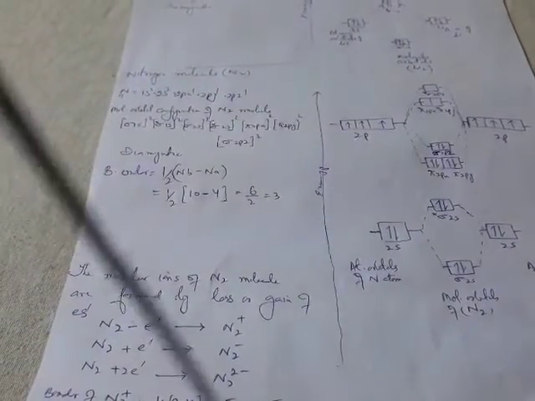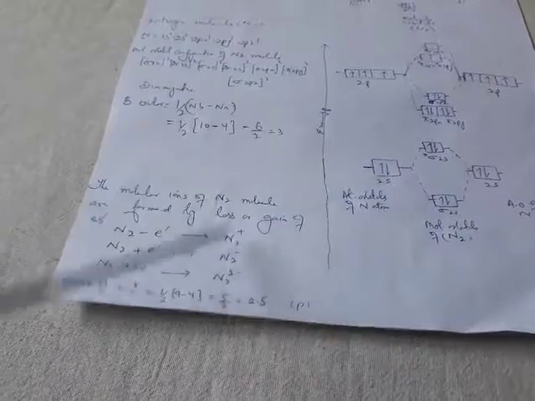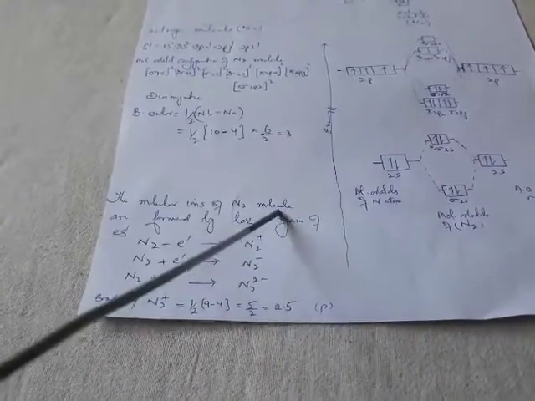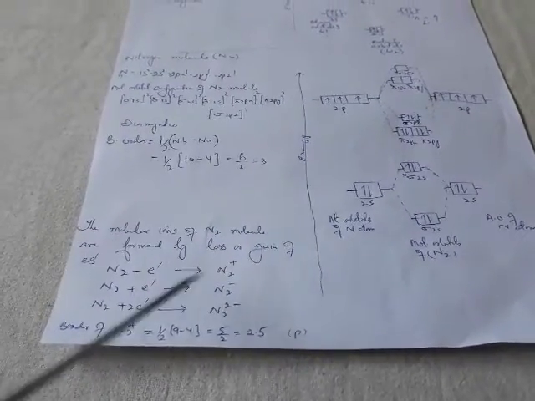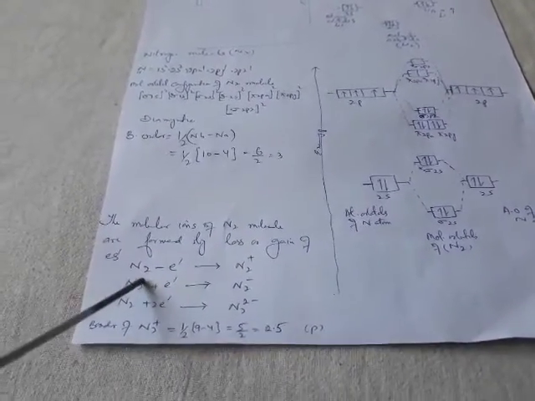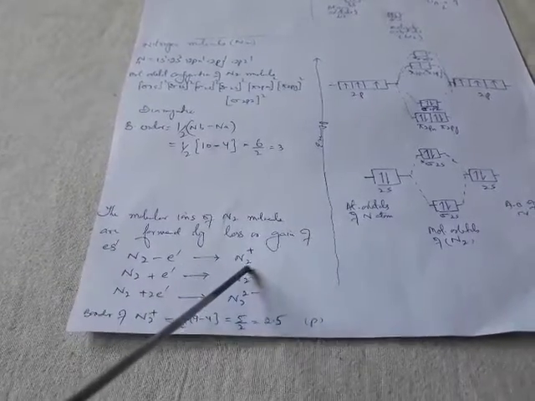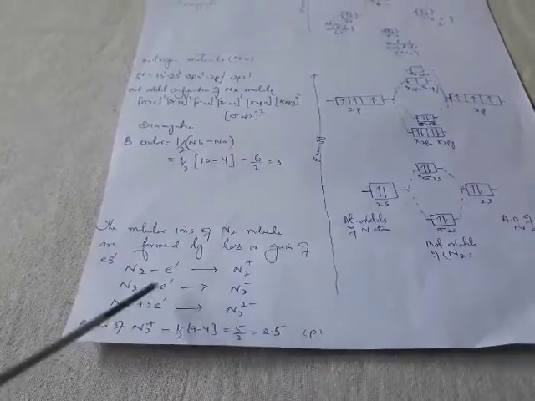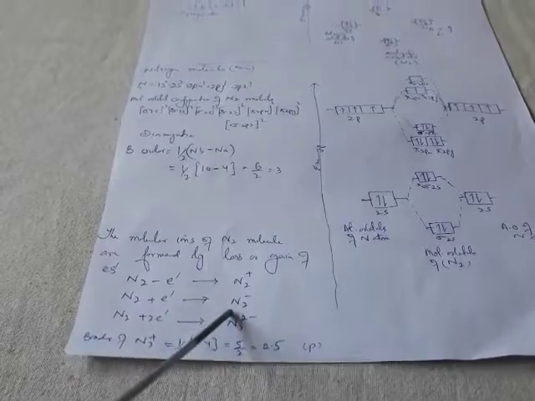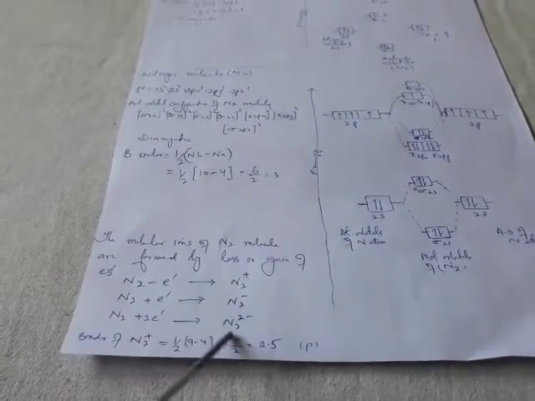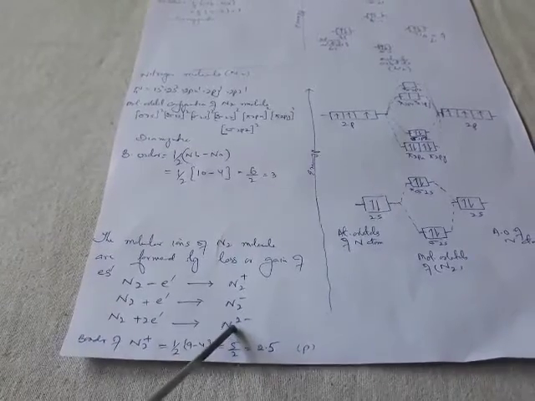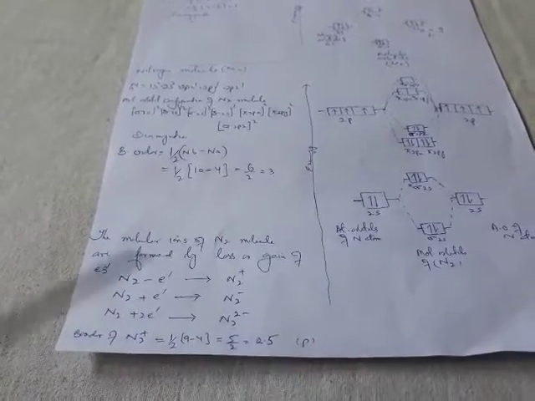Then similarly we have the molecular ions of the nitrogen molecule, which are formed when it loses or gains electrons. Now you can see this nitrogen molecule, when it loses an electron, forms N2 plus, and when it gains an electron, it forms N2 minus, and when it gains 2 electrons, it forms N2 2 minus, that is a divalent anion.